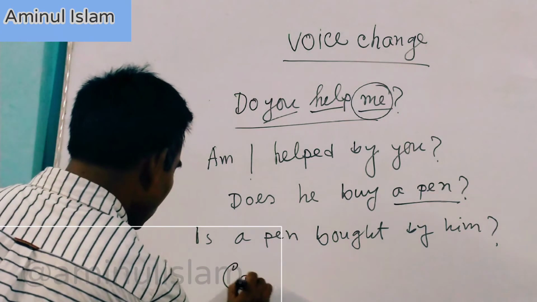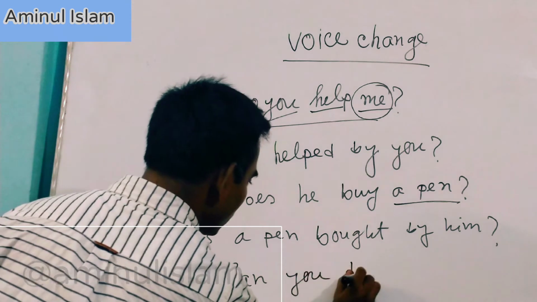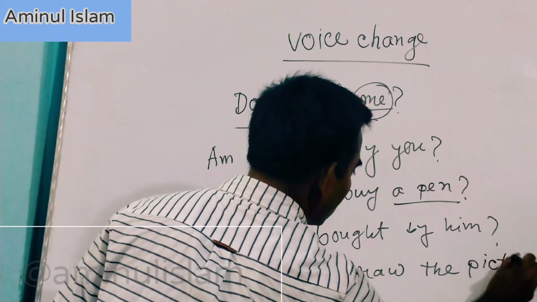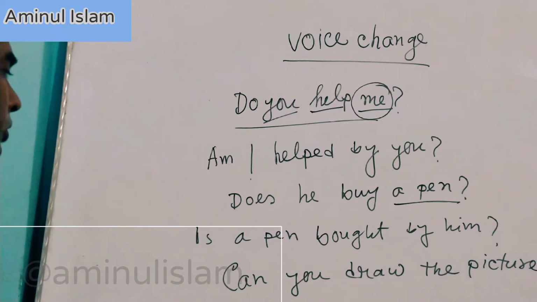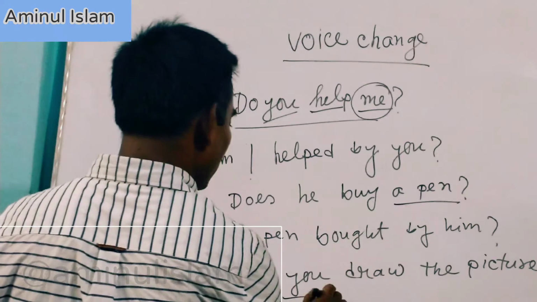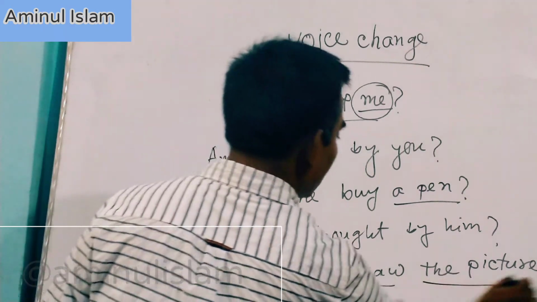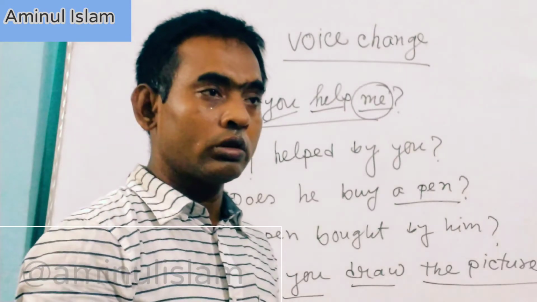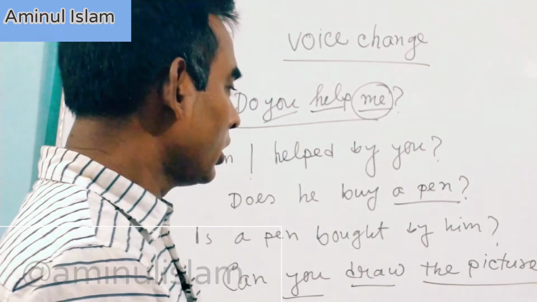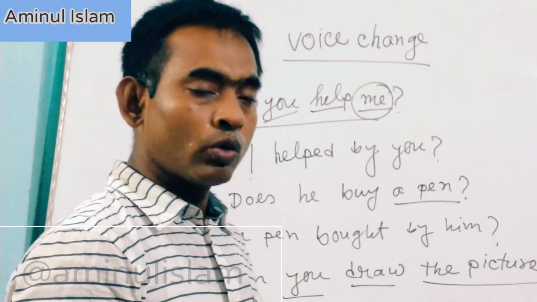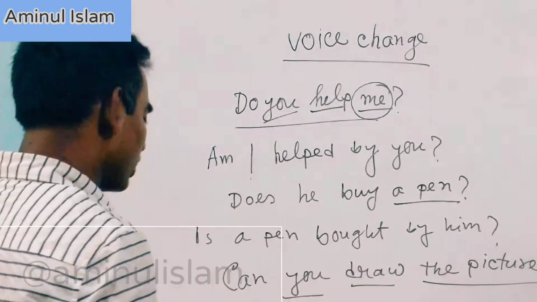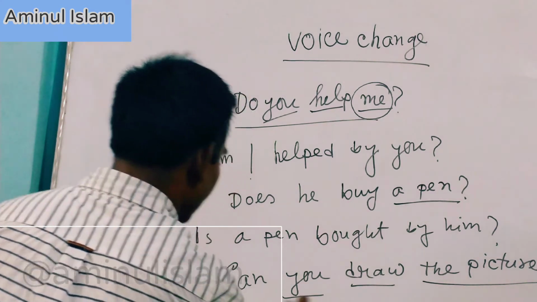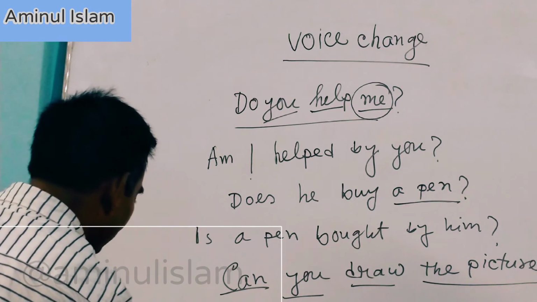Again, can you draw the picture? Here, subject, draw verb, the picture object. As you know, in making passive, the object of active voice will be placed at the beginning of the sentence. The picture. Here can will be placed at the beginning.